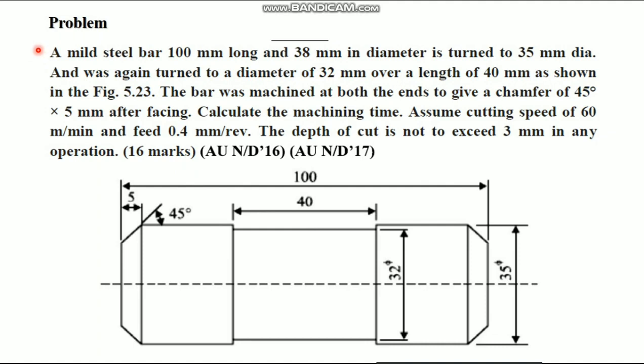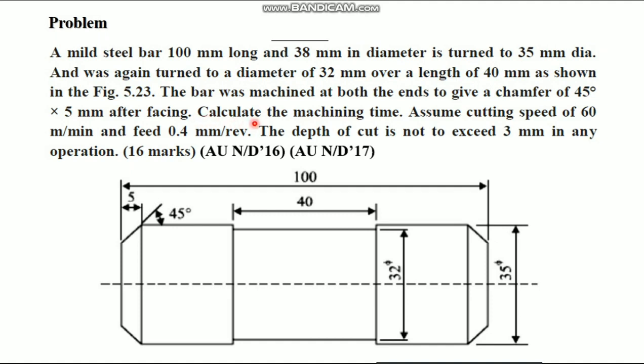We can see a problem. A mild steel bar 100 mm long and 38 mm in diameter is turned to 35 mm diameter and was again turned to a diameter of 32 mm over a length of 40 mm, as shown in the figure. So everything is given in the diagram. The bar was machined at both ends to give a chamfer of 45 degree into 5 mm after facing.